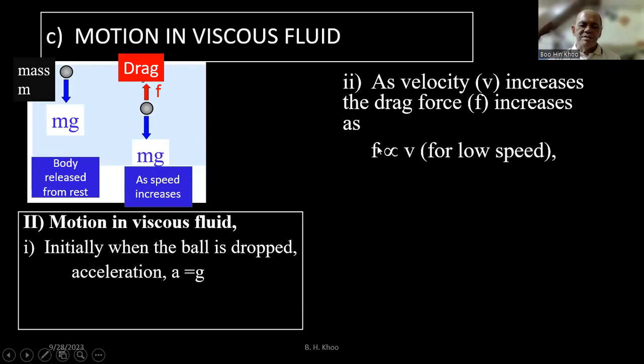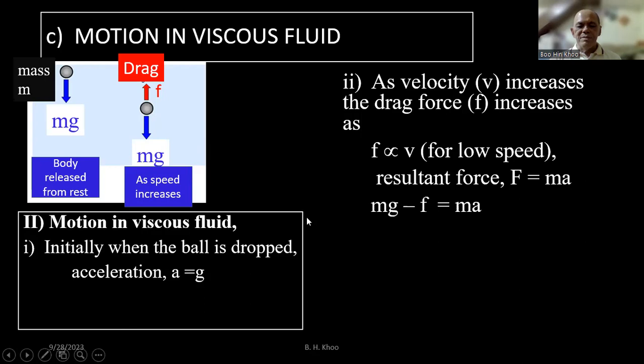So we use Newton's second law to calculate our resultant force, F equals ma. The resultant force: mg is greater than F, so mg minus F equals ma. So a equals mg minus F, divided by m.